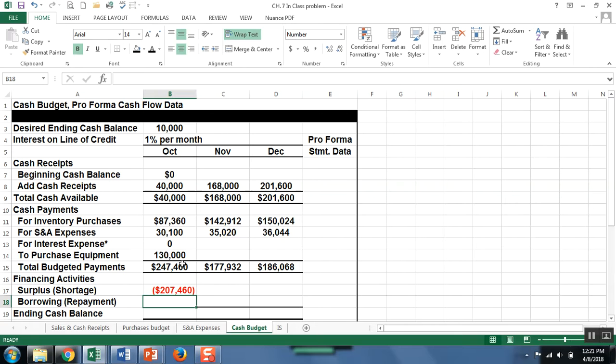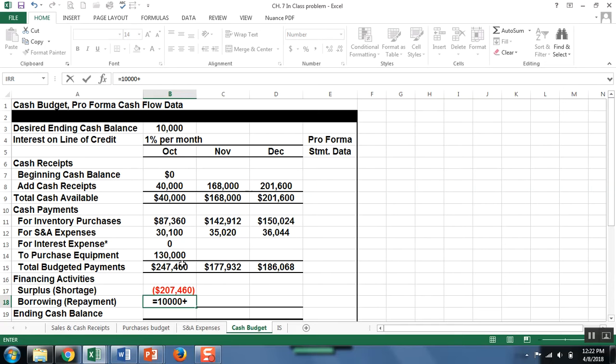We're going to have to borrow at least $217,000 because we can borrow in increments of $10,000. Okay, so we need to borrow $10,000 because we want to have that on hand.